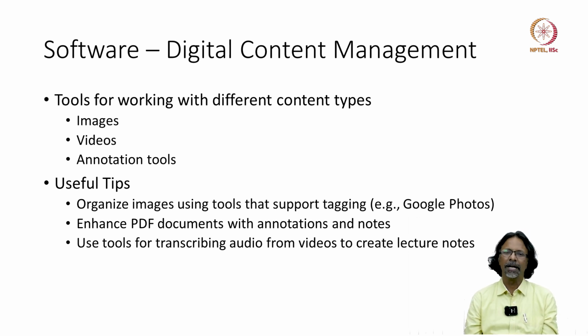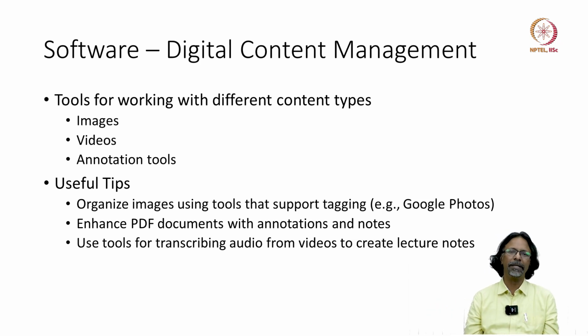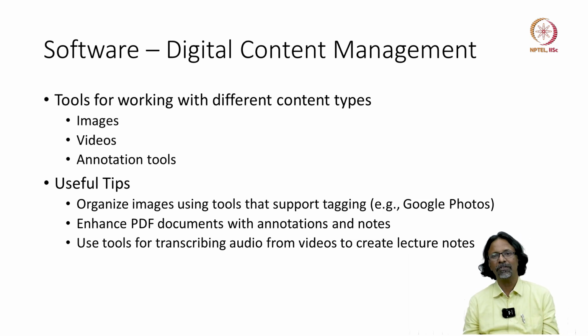You can add tags such as the keywords of the subject, of the topic of that particular image, some description of the image, and of course the date and timestamp will already be there. These digital content management tools give you a very flexible search option based on date and time anyway, but more importantly, they allow you to search for content using tags.